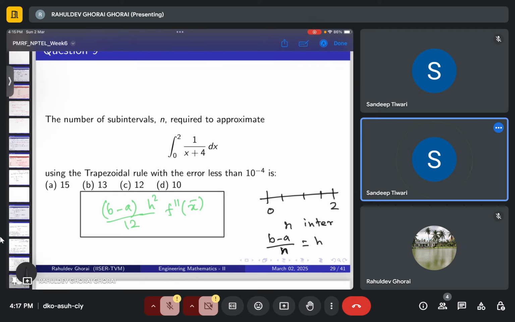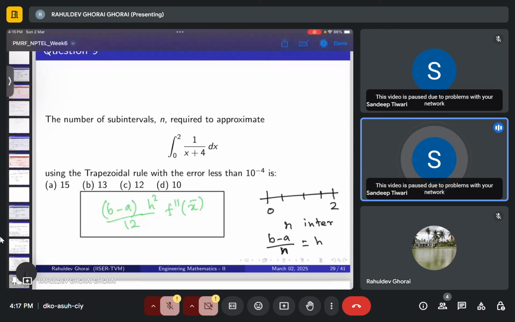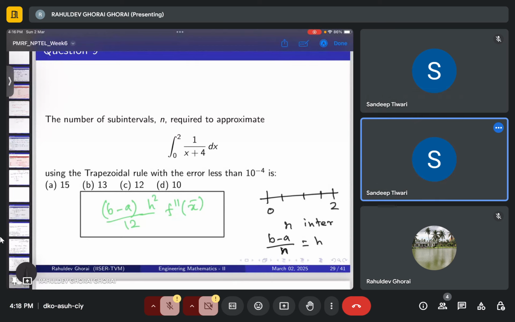Yes, sir. But in the trapezoidal rule, we divide intervals in three, we take three spacing, sir. Like if we have x0, x1, x2, x3 points, we take the integral from x0 to x2, then x2 onward, so the interval contains 3 points.